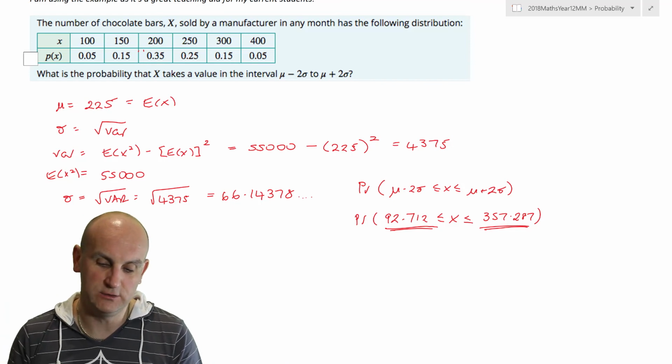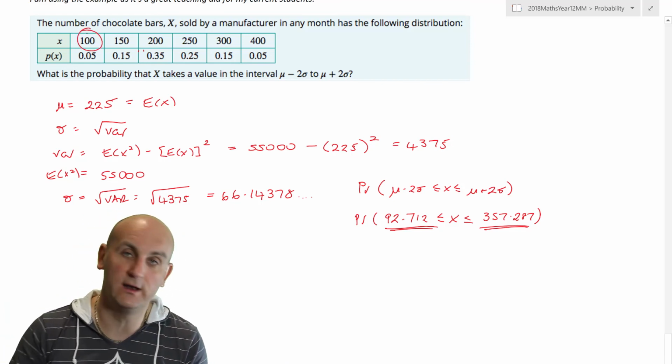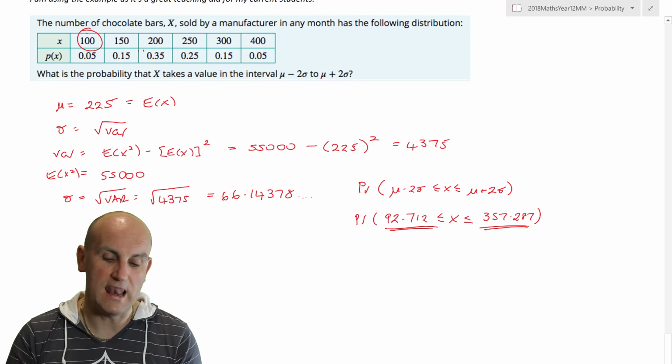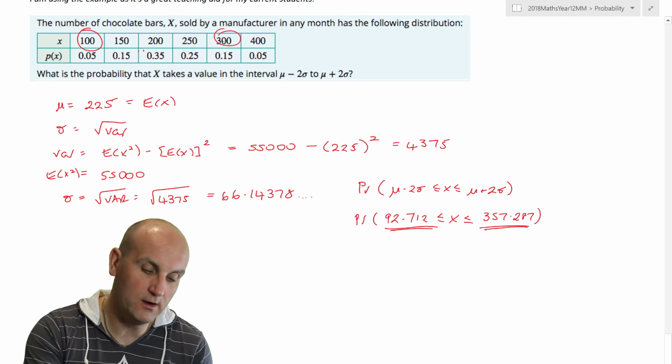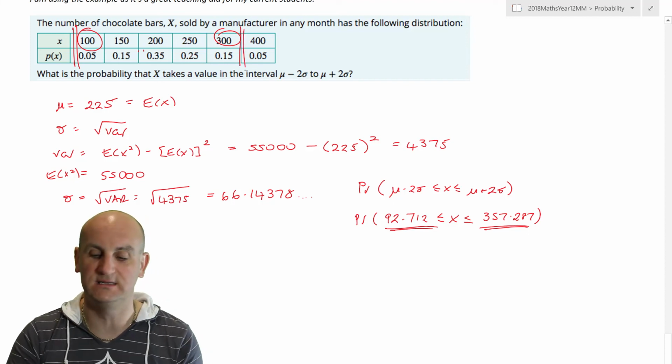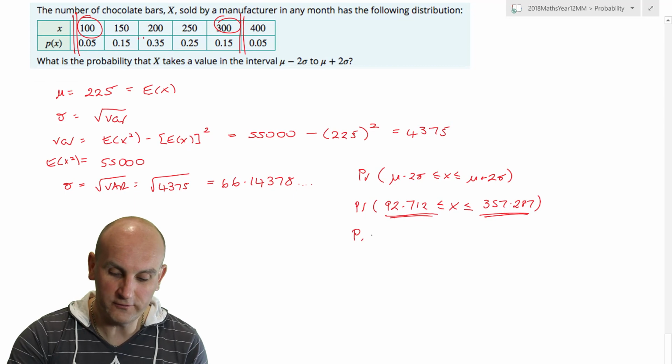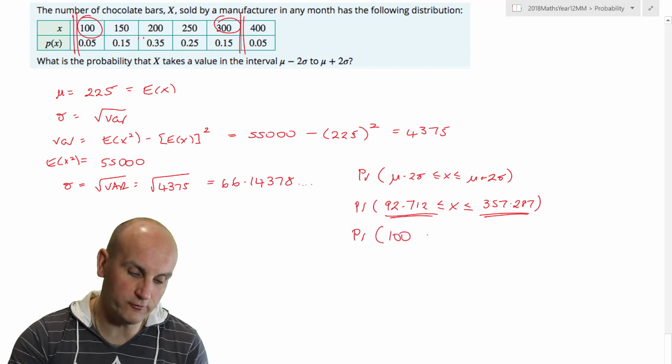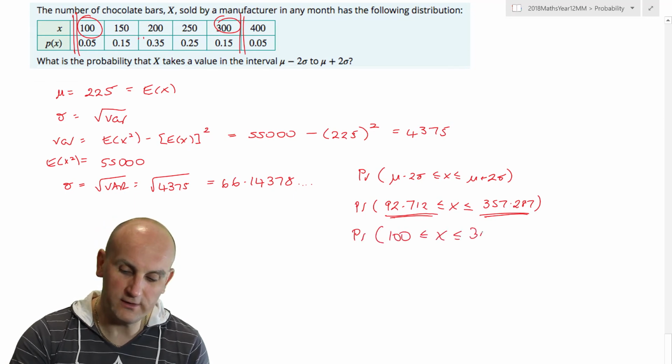Inside of 92.712, 100 is my start value, but less than 357, which gives me 300. So we have 100 to 300, which is what we can do.